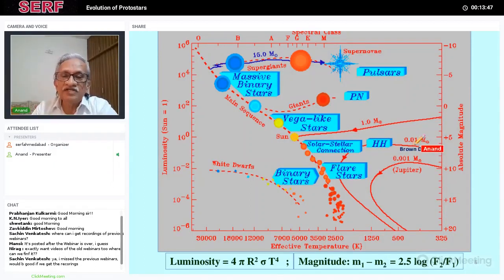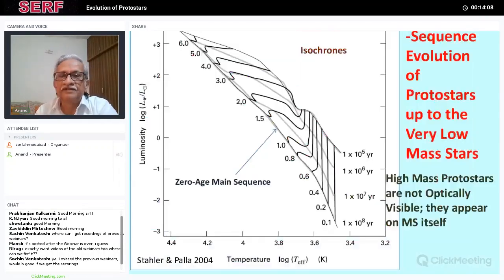So they made computations and found out the tracks that they take from the birth line to the main sequence. These were first calculated by the Japanese astrophysicist Hayashi, and then there have been several additions and subtractions made, so it has been fine-tuned.